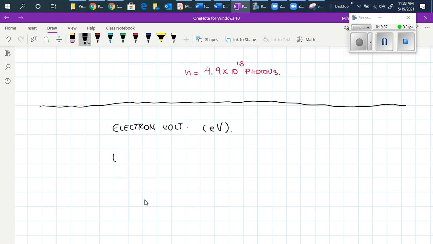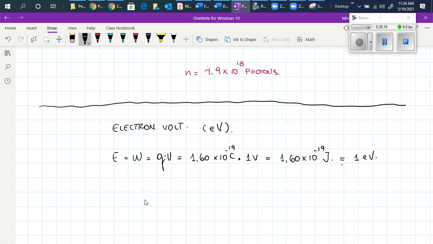So the energy, the work done on the electron to move it through 1 volt, is calculated with charge times V between two parallel plates: 1.60 times 10 to the power of -19 coulombs times 1 volt equals 1.60 times 10 to the power of negative 19 joules. And we call this 1 electron volt.